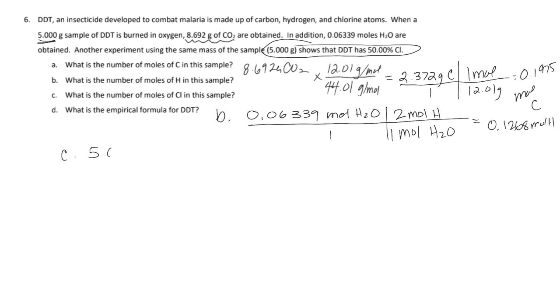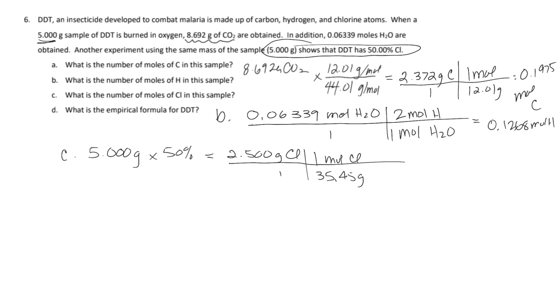So 5 grams times 50% by mass of chlorine means I have 2.5 grams of chlorine. And then I can very easily convert this to moles. 1 mole of chlorine has a mass of 35.45 grams, and I get 0.07052 moles of chlorine.